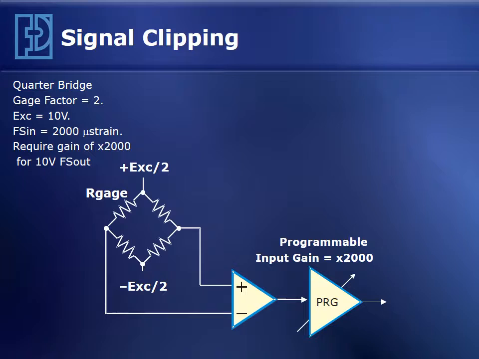As an illustration of signal clipping and what can occur, we'll just take a simple quarter strain gauge bridge where we desire to measure a full scale of 2000 microstrain, and we calculate that with a gauge factor of 2 in a quarter bridge configuration and 10 volts of excitation, that we require a channel gain of 2000 to give us 10 volts full scale out for 2000 microstrain.